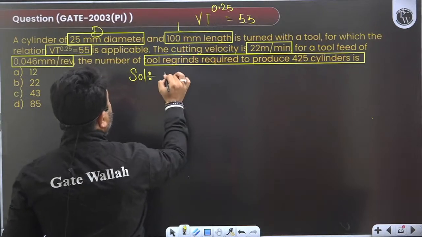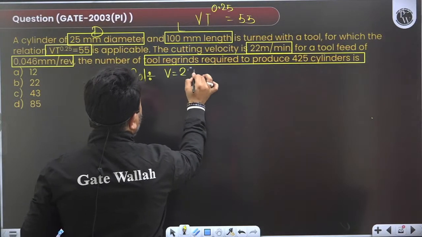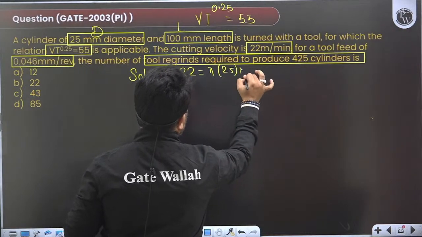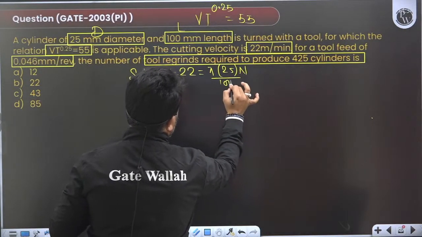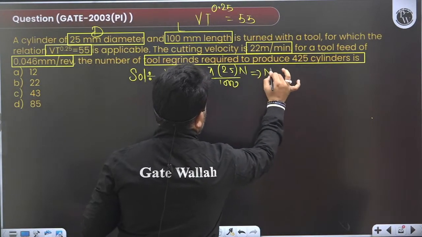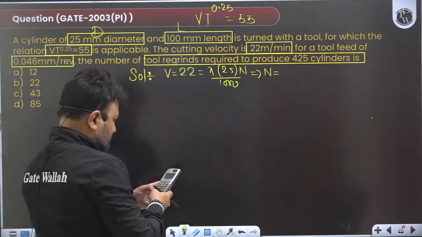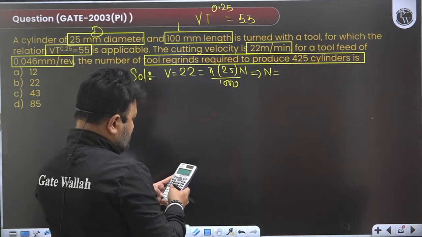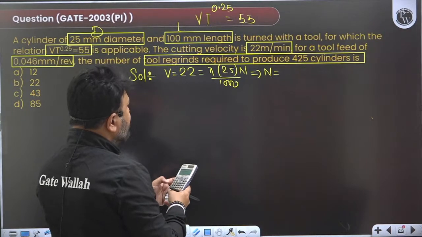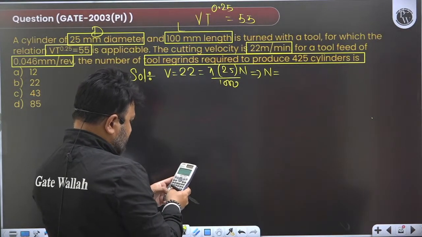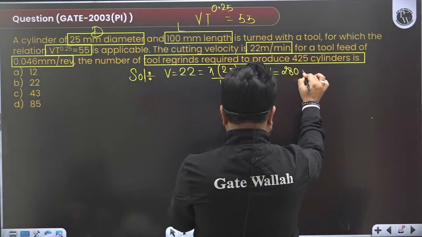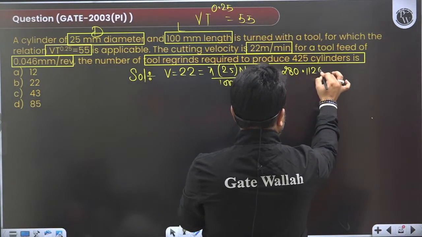I put V, that is 22, equal to pi d n divided by 1000, with d as 25. So here comes the RPM: 22 into 1000 divided by pi into 25. So the RPM is 280.1126 RPM.